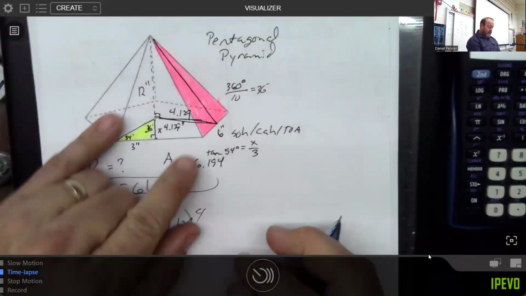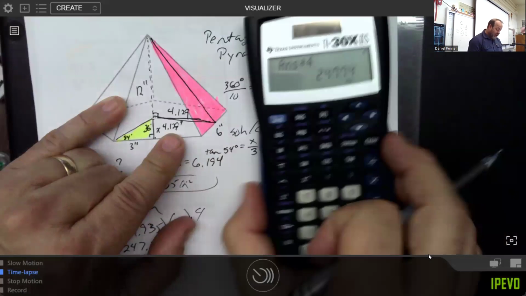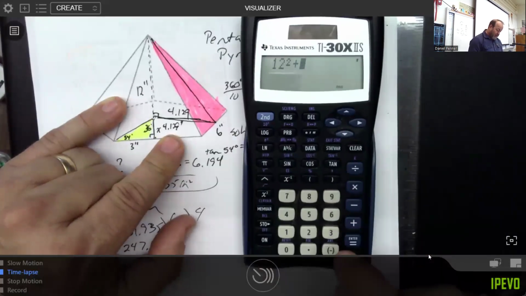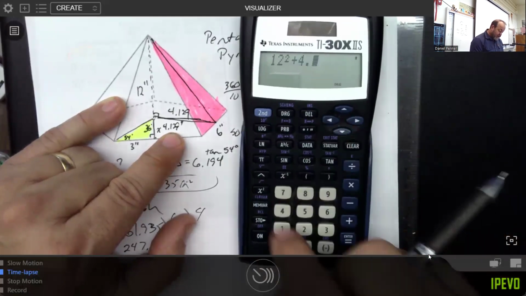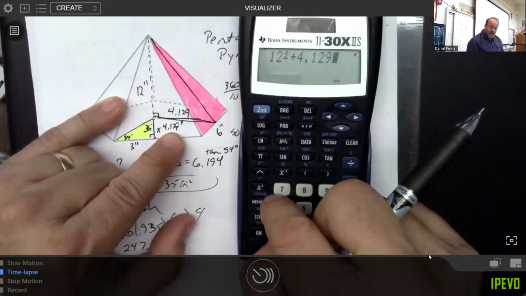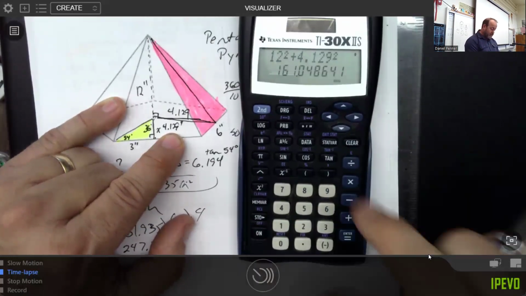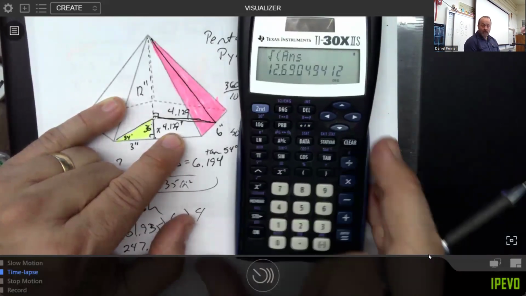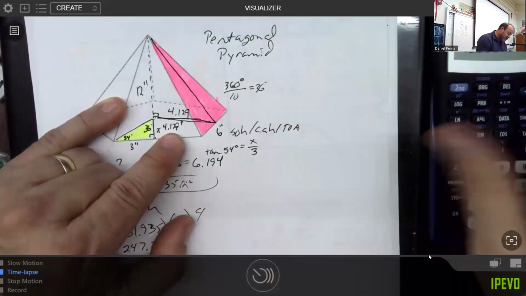So I could use the Pythagorean theorem and say that 12 squared plus 4.129 squared is equal to c squared. So I would need to take the square root of this number to find that hypotenuse. I found out that the slant height, or the hypotenuse, is 12.69.